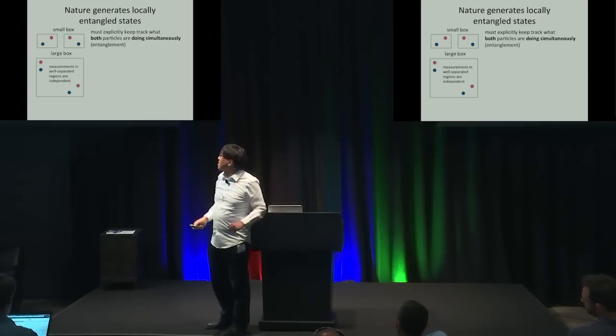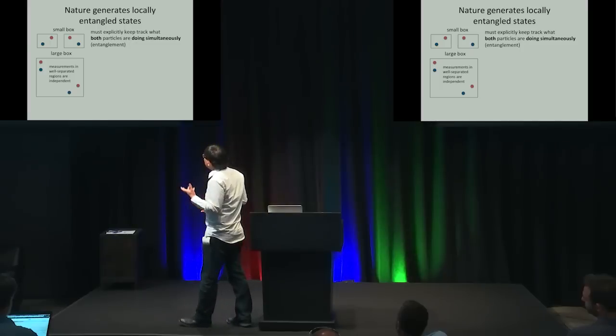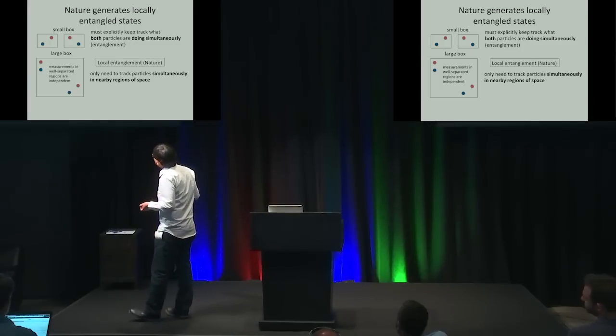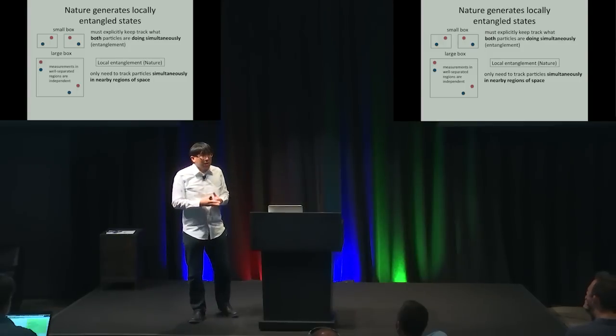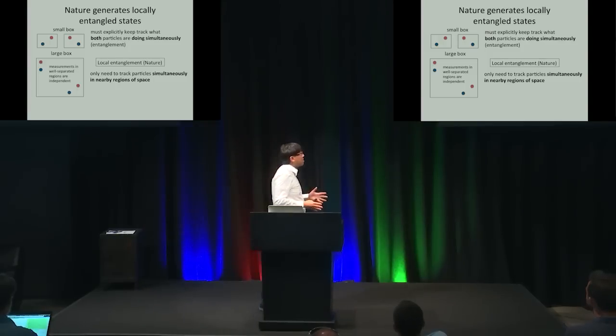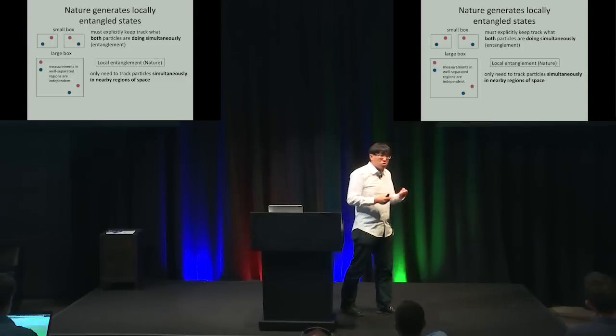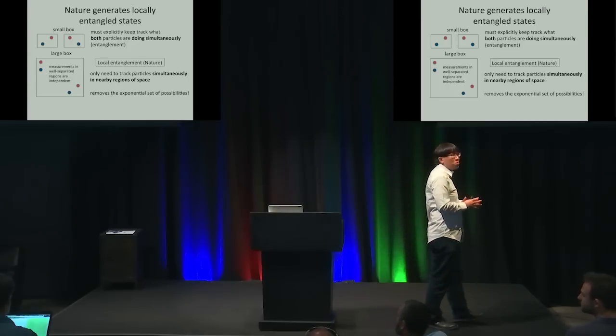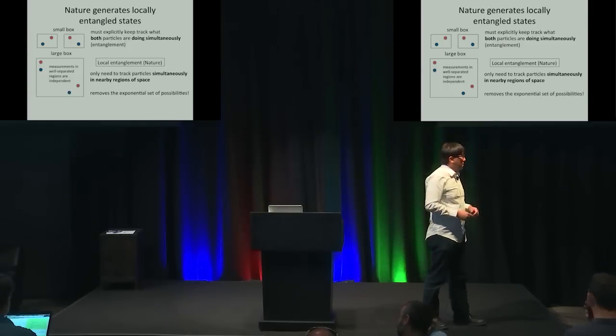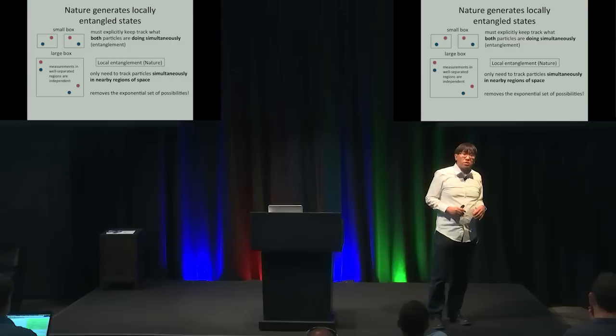They behave as if they're independent. So this locality principle, that you generally only see local entanglement, means that you don't need to keep track of this exponentially growing set of possibilities, but only the possibilities that occur together in small nearby regions of space. This removes the complexity, in some qualitative sense.